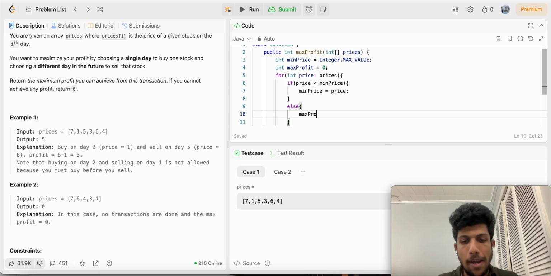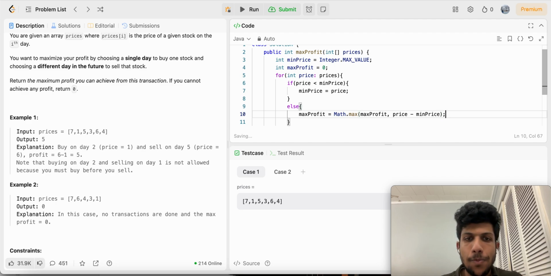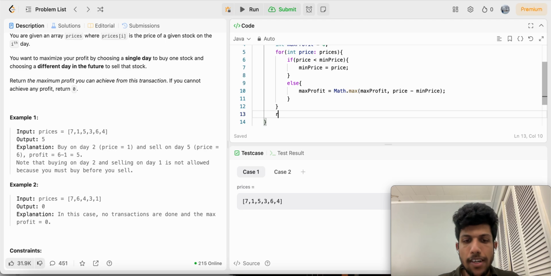So the max profit would be Math.max of max profit, comma, price minus minimum price, because the max profit would either be unchanged, or the difference between price and the minimum price, right? So now we will get a max profit and we'll return the max profit, right?